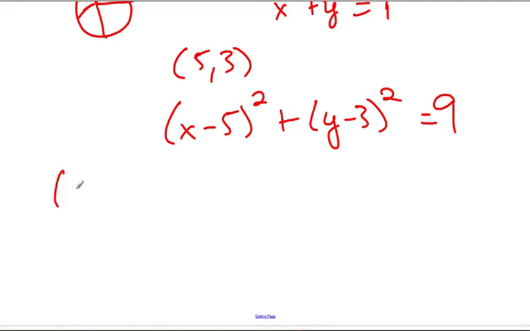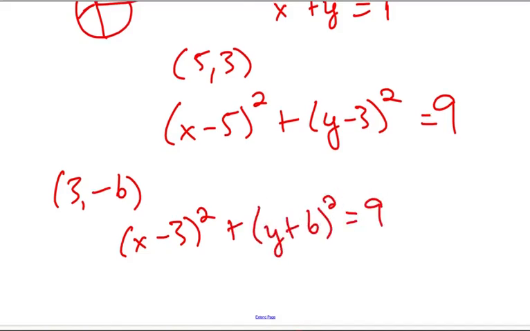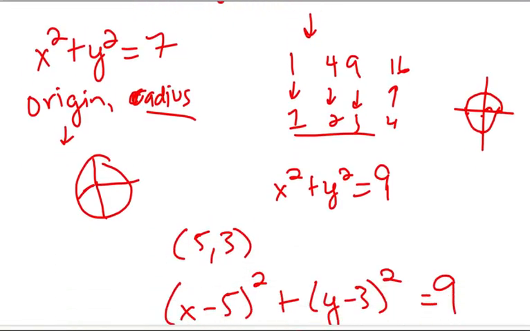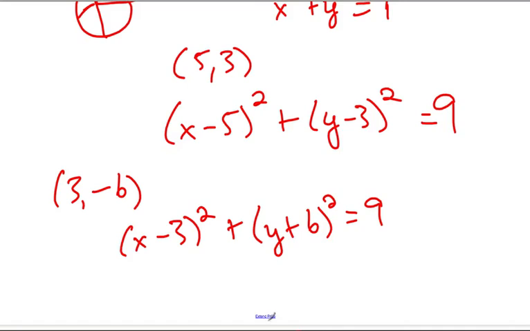So let's say we wanted our circle to be centered at 3, negative 6. What we'll do is x minus 3 squared plus y plus 6 squared equals 9. Note that this equation has x-axis symmetry. I believe it, yes, indeed does.